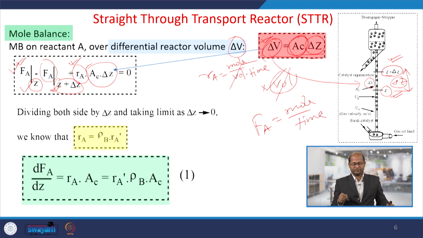If we multiply this rate by the volume, the volume part is eliminated, and we get moles per unit time, which is also the dimension of FA, the molar flow rate. And the accumulation part is 0 when the system is at steady state.